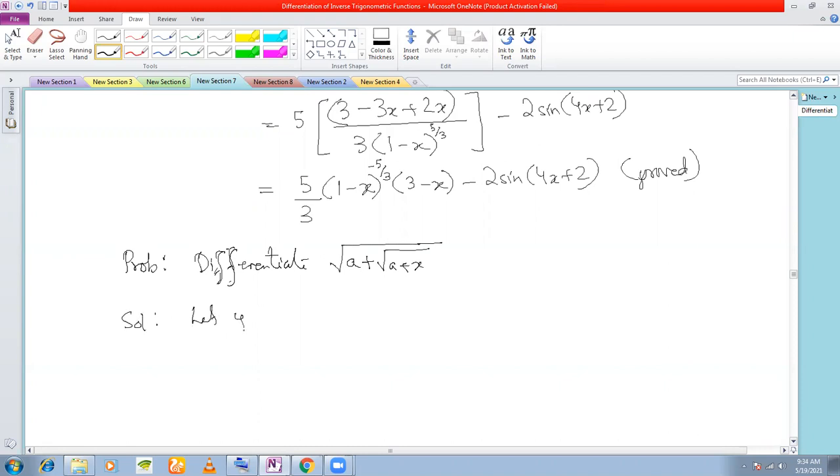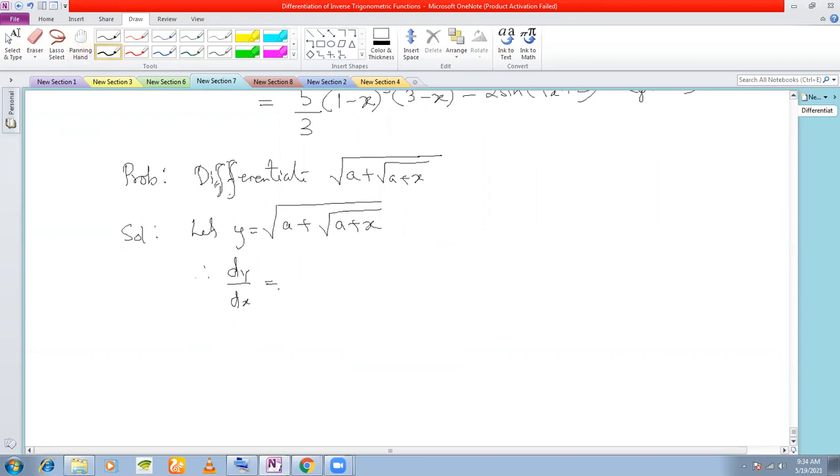Say let y is equal to root of (a plus root of (a plus x)). Therefore, dy/dx is equal to, first of all, let me write this as d/dx first, and then root over of a plus root a plus x.